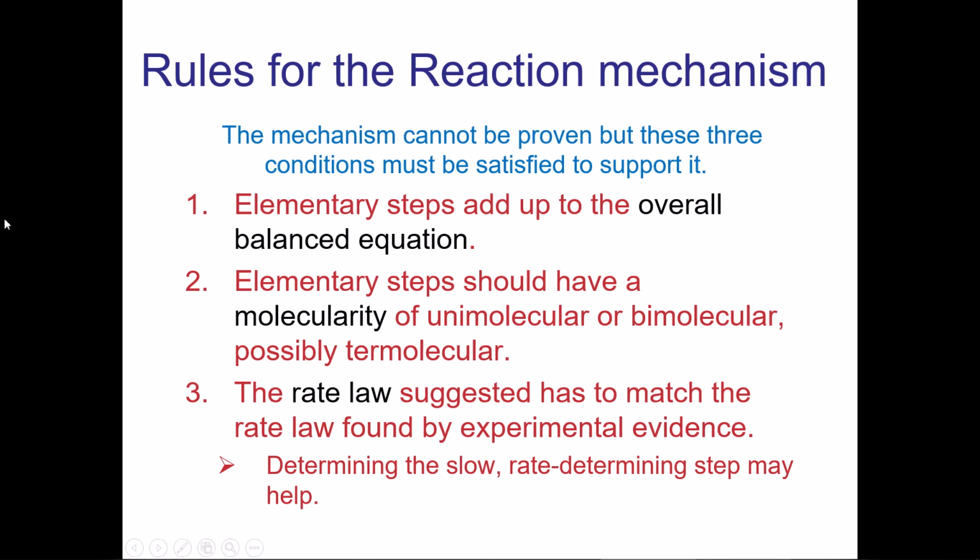And then the third rule for our mechanisms is that the rate law of the slow step has to equal the rate law for the overall reaction. So when we get our kinetic information and we find out which step is the slow step, that has to make sense for our mechanism and for what we see from our overall reaction.